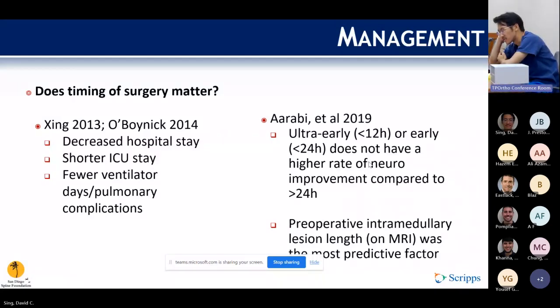And we know very well from the ortho literature that the longer you're in bed, the more complications you get. So trying to get up and mobilize as soon as it's safe is usually better with surgery if they can tolerate it. But there are some studies that say the ultra early, like less than 12 or less than 24 hours, does not have a higher rate of improvement.